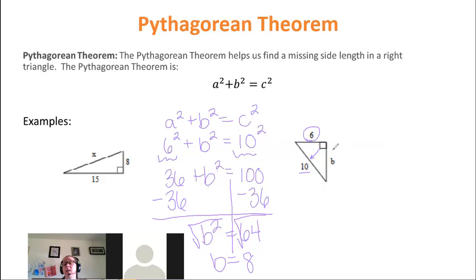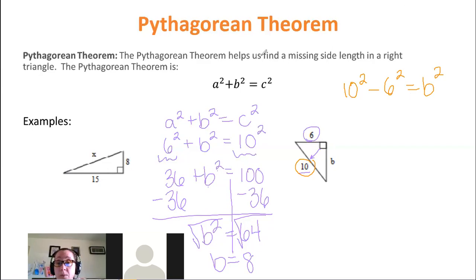Okay, so before we were missing a hypotenuse. Now we're missing a side. So the other way you could do it, if you're missing a leg, you're going to start with your hypotenuse squared. And we're going to subtract the leg squared, the other leg squared, and that equals the missing leg squared. That is the other way you can do it.